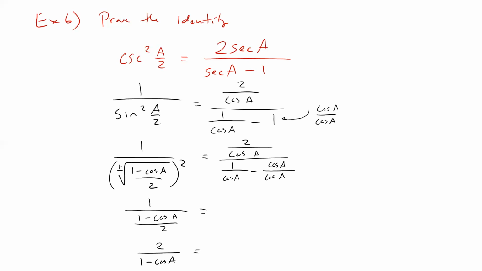Oh, love it. Okay, I see where I'm going now. And so this would be 1 minus cosine a over cosine a, because I've simplified that little bottom there, and denominators cancel of complex fractions. Love it. And with the rain, I'll just write QED.